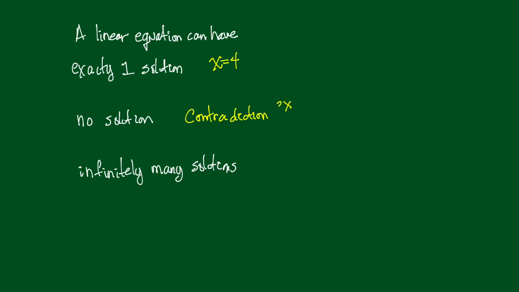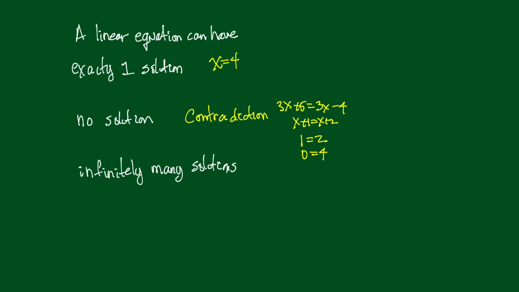You could have like 3x plus 5 equals 3x minus 4, something like that. Or you could have like x plus 1 equals x plus 2. Or if you even solve it, you might end up with something like this. 1 equals 2 or 0 equals 4, something like that. All right, where you're saying that the left side and the right side are equal when, of course, they're not. That's a contradiction, and you have no solution at all.